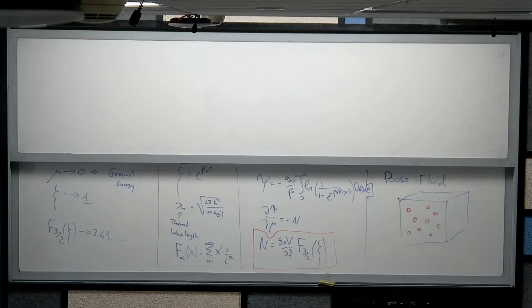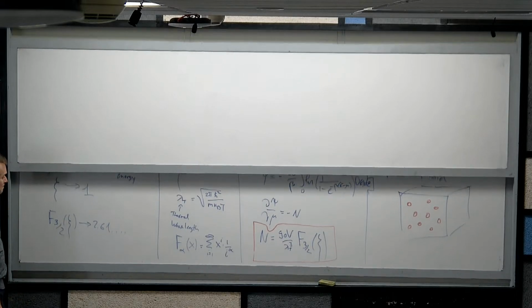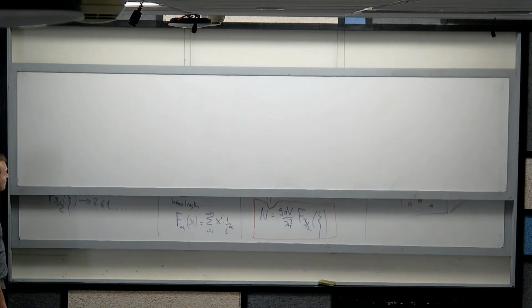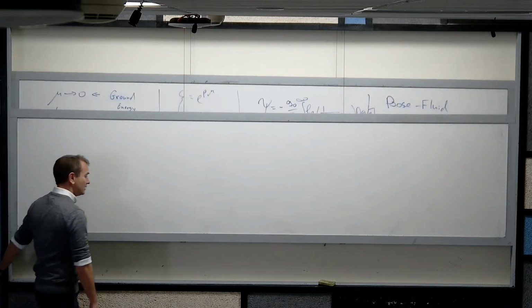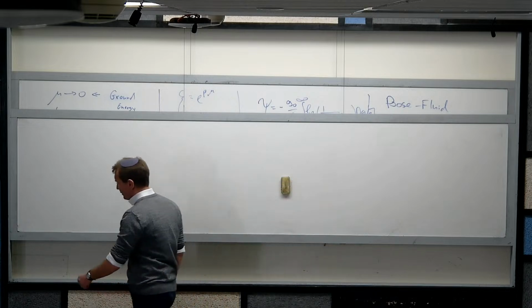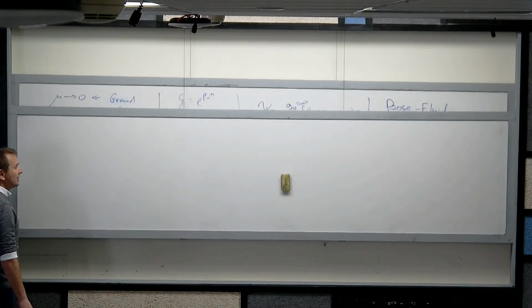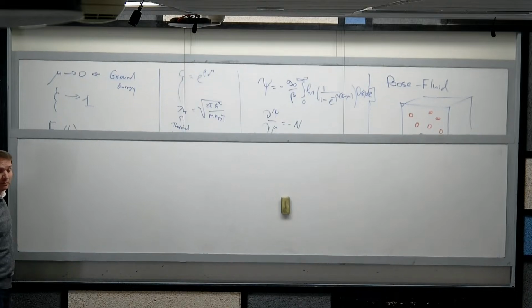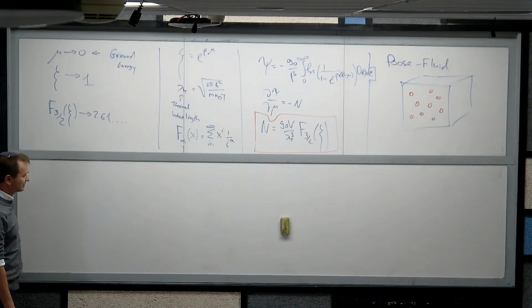Now, why is it a problem? The problem is that it limits the maximum value of the average number of particles that we can have inside the system.